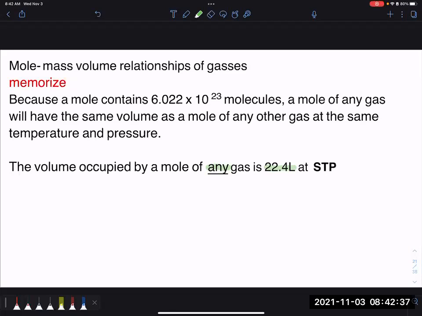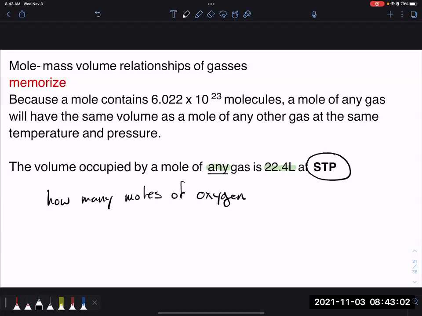That will change if you change the temperature, and it'll change if you change the pressure. But if a question says at STP, for example, how many moles of oxygen are in 22.4 liters at STP?